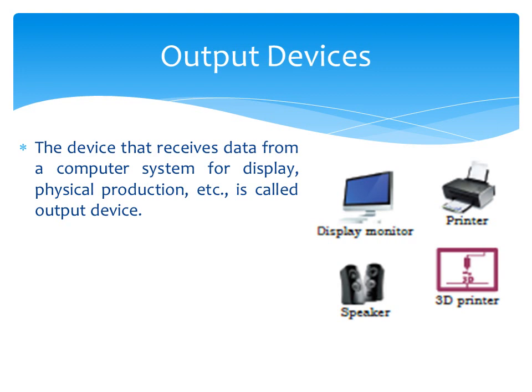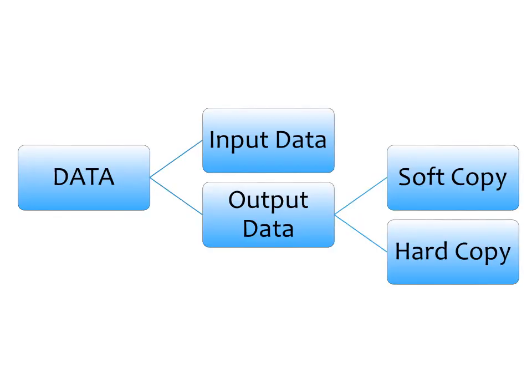Next, we have used the term data. Now, what is this data? Data is the collection of raw facts and figures which has no meaning, and this data can be of two types: input data, output data.